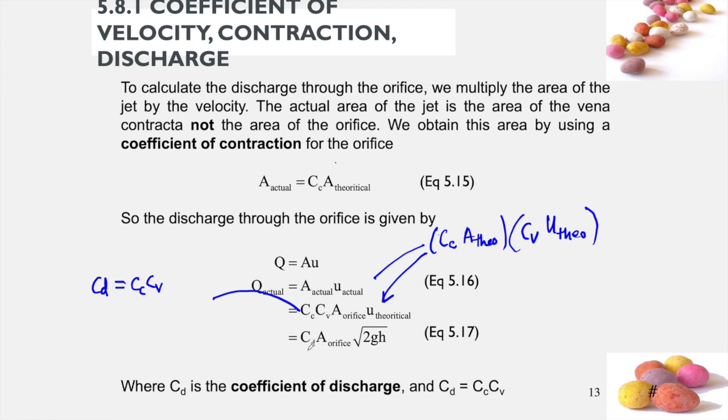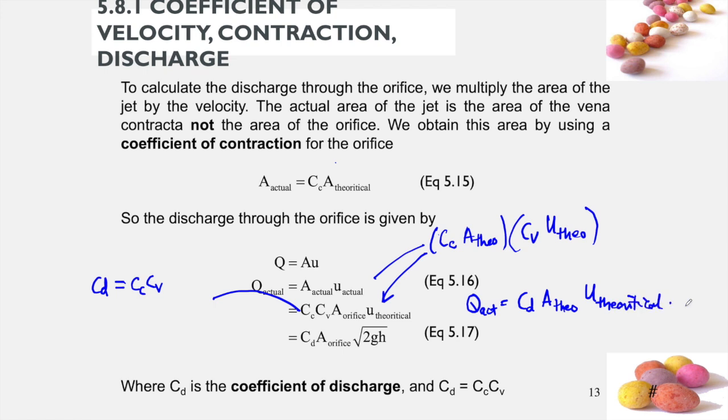This coefficient will be given in your question. So the coefficient of discharge is multiplied with A orifice and U theoretical. So your Q actual will become CD times A theoretical and U theoretical.